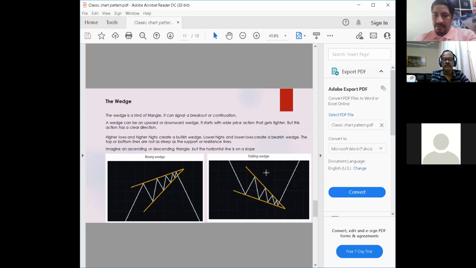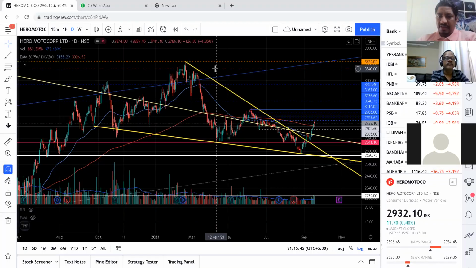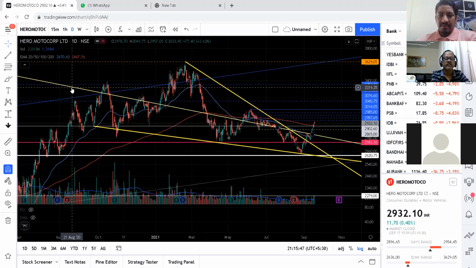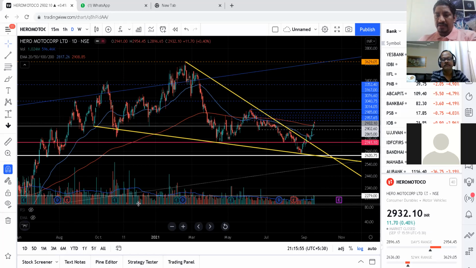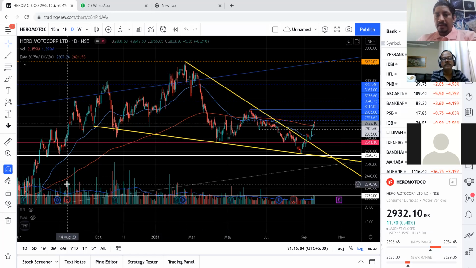Now look at this wedge and this example here today of Hero Moto. Can you say that these are similar? Look at both yellow lines. This is for trading. So can you see this is similar? Yes, sir. Similar one. Anyone? Yes, please say.